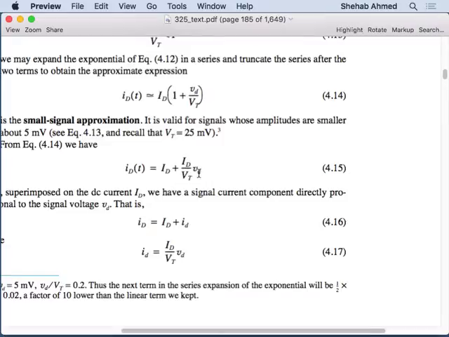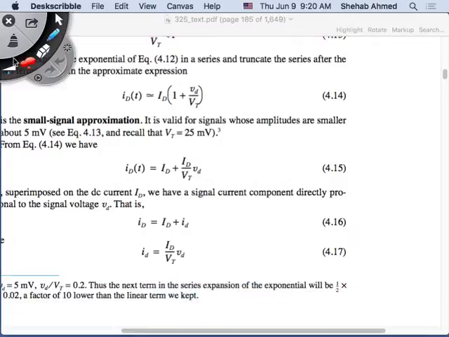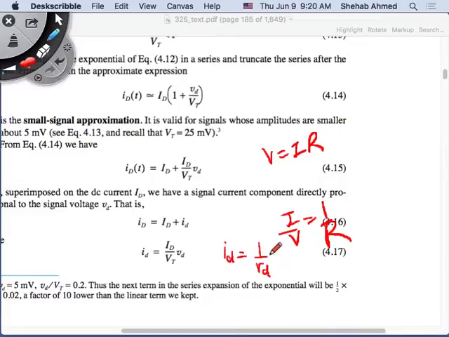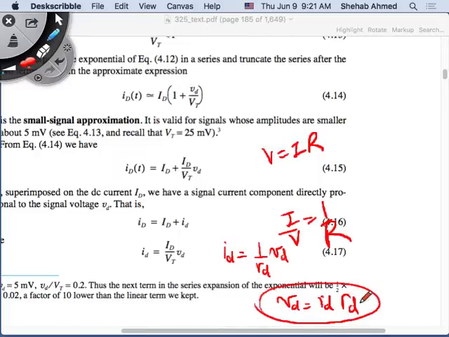This gain happened to be equal to I over V. We know Ohm's law: V equals I R. So I over V is equal to 1 over R. So I have ID equal to 1 over RD times VD. This is VD equals ID times RD.